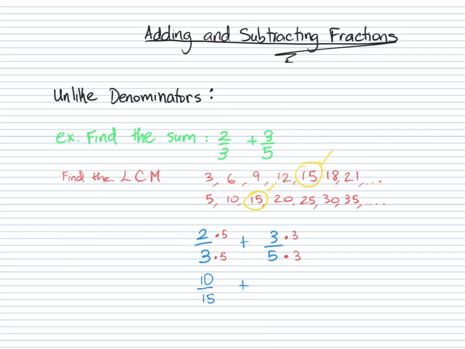And so our second fraction should be 9 over 15. So once we have both of our fractions over 15, we can do what we learned before and keep the denominator the same, which is 15, and add the numerators, and we get 19 over 15, and that should be our answer.